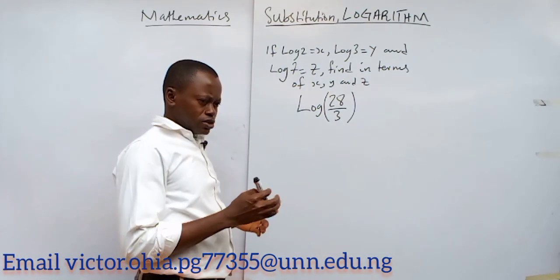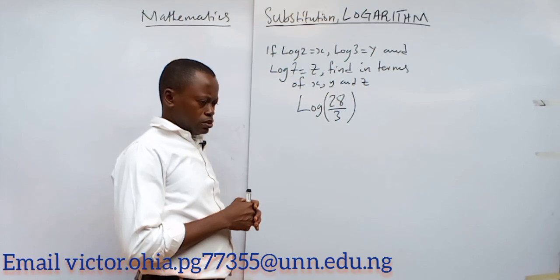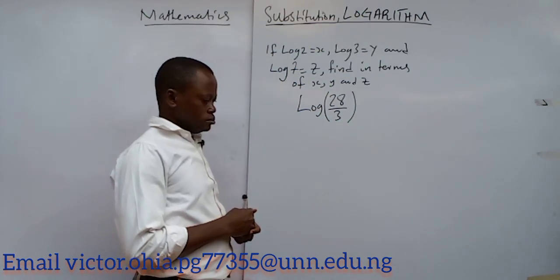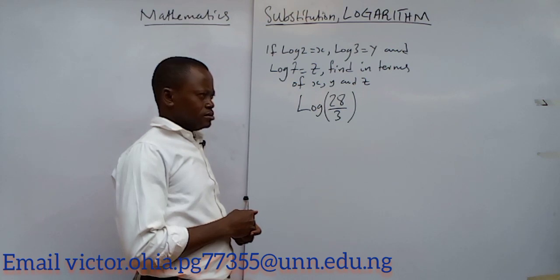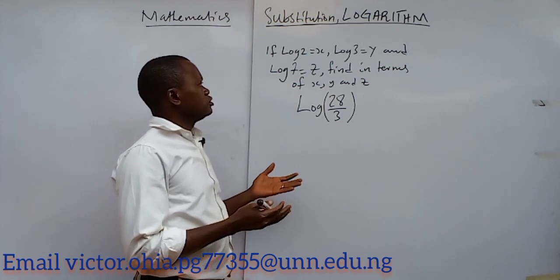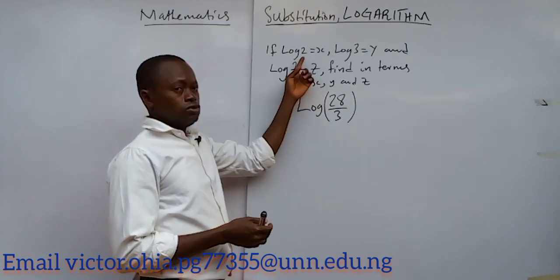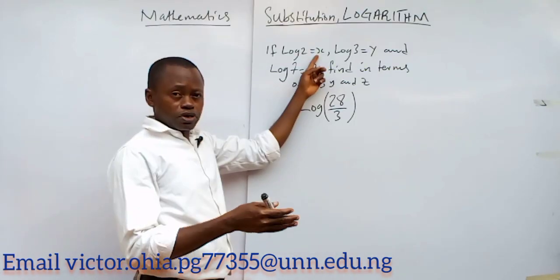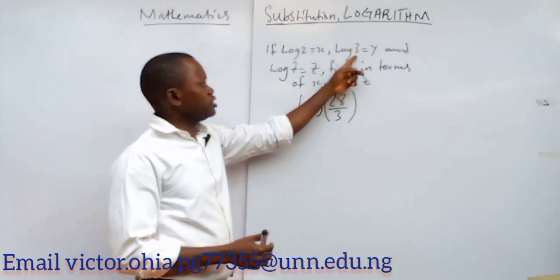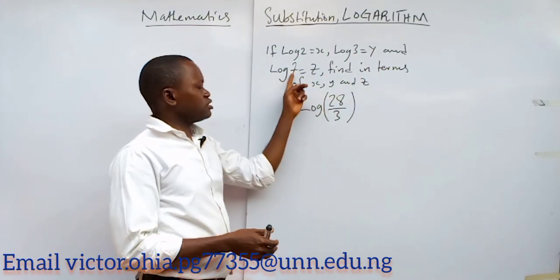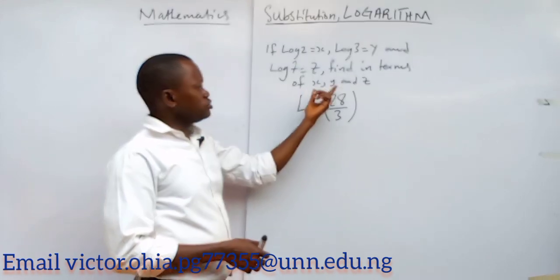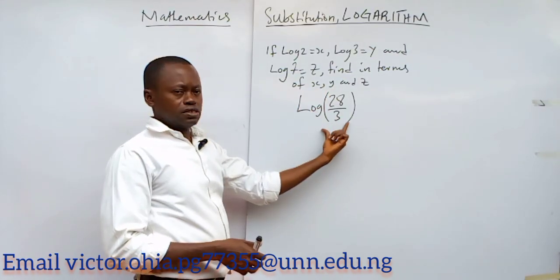There are some other problems I have seen similar to this. If log 2 is equal to 0 point something, log 3 is 0 point something, log 7 maybe 0.7 something, and then they ask you to simplify this.